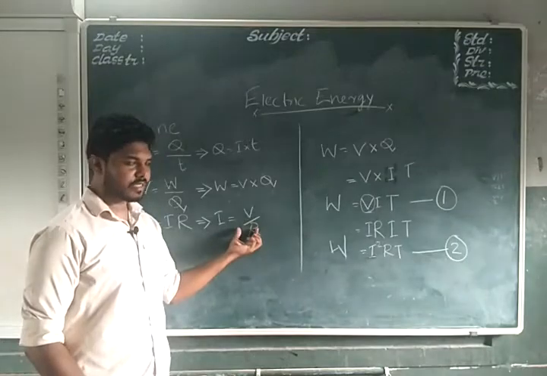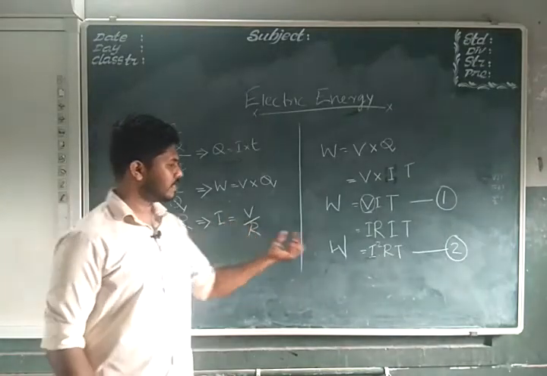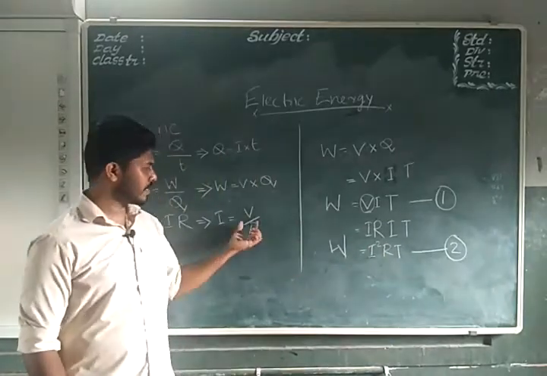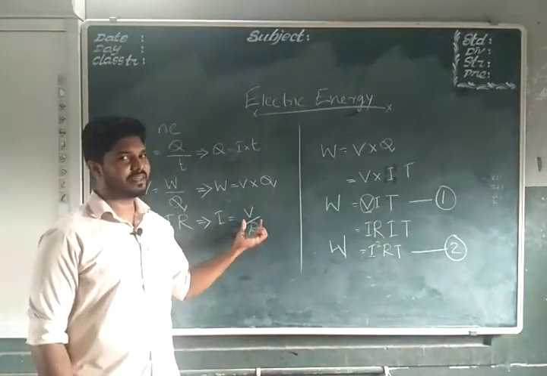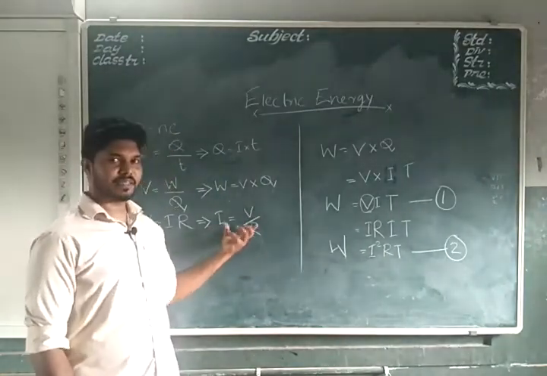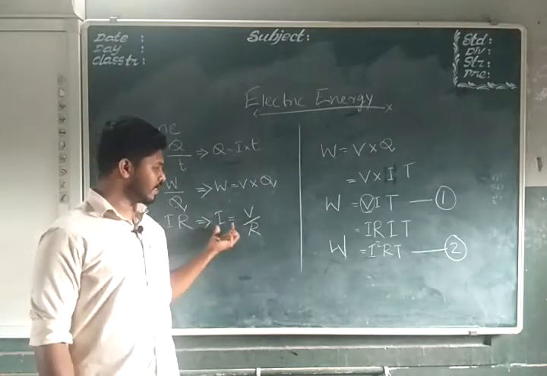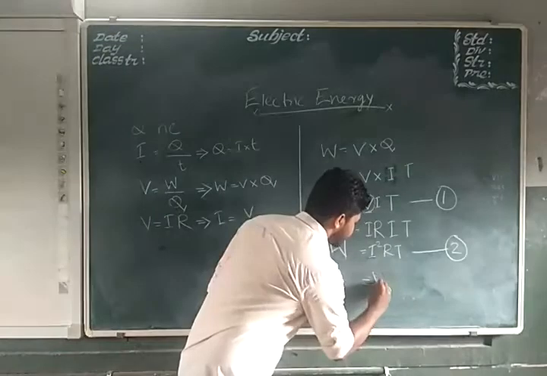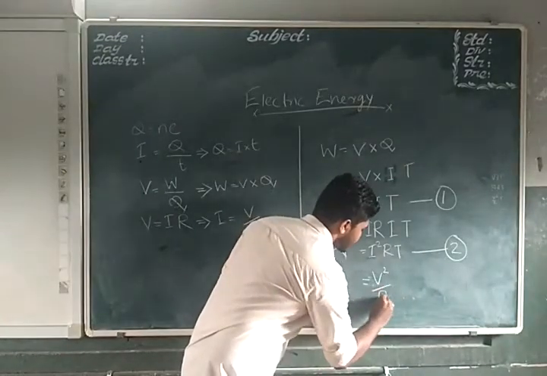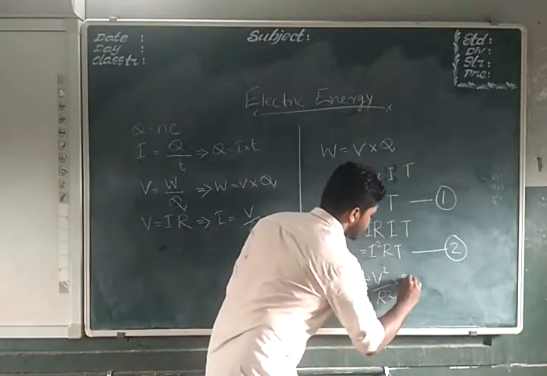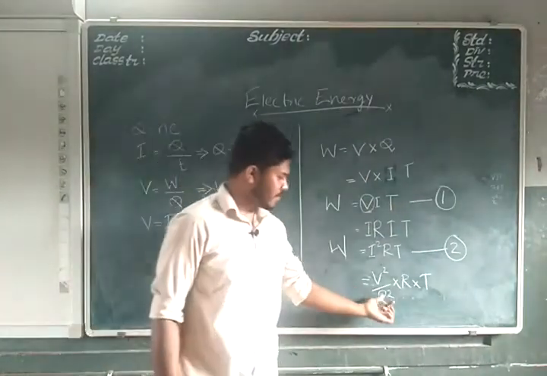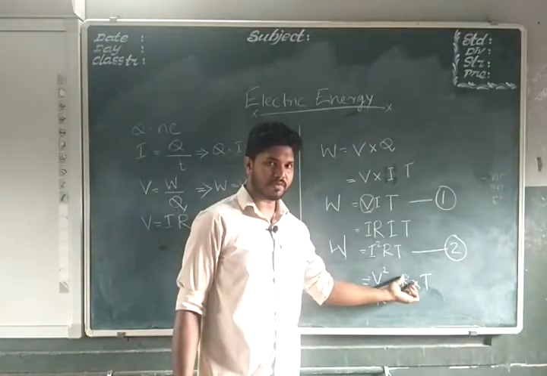Now we are substituting this value of I here. It is I square. So what will be I square? V square by R square. See, I is equal to V by R, so I square equal to V square by R square. So V square by R square into R into T. We have R square, here R. What is R square?